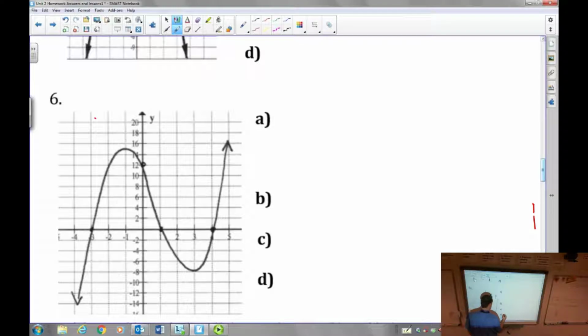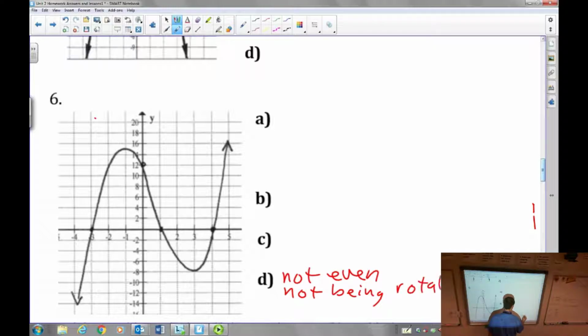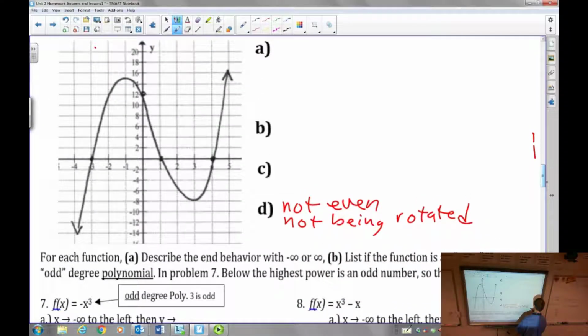So it's definitely not an even function, and it's not being rotated. So what does that mean? It's not even, and it's not odd, since it's not being rotated around the origin, which would make it odd. So this one is neither.